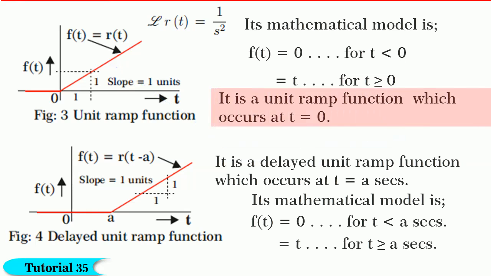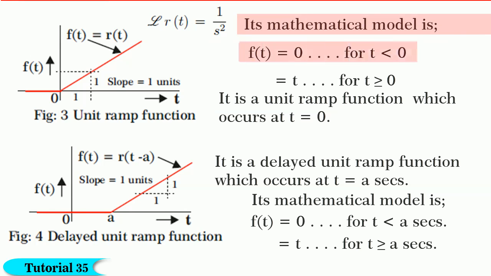It also can be called a unit ramp which occurs at t equal to 0 as it starts increasing at t equal to 0. So, it is represented as f of t equal to r of t. Hope you understand it. Its mathematical model is f of t equal to 0 for t less than 0 and equal to t for t greater than or equal to 0.